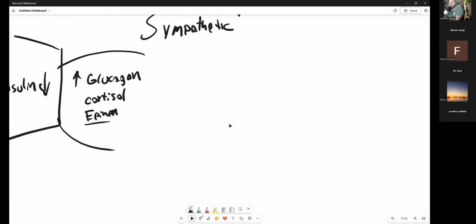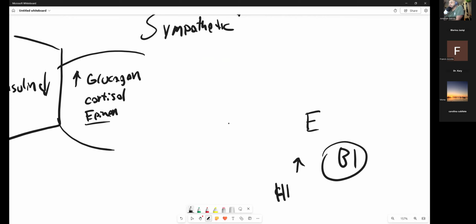If epinephrine is high, remember that epinephrine likes to bind to beta receptors. So with beta 1, it's going to increase your chronotropic effect, like we were talking about earlier today. Heart rate will be increased. Inotropy will be increased. That's what typically should happen when you have epinephrine binding beta 1.